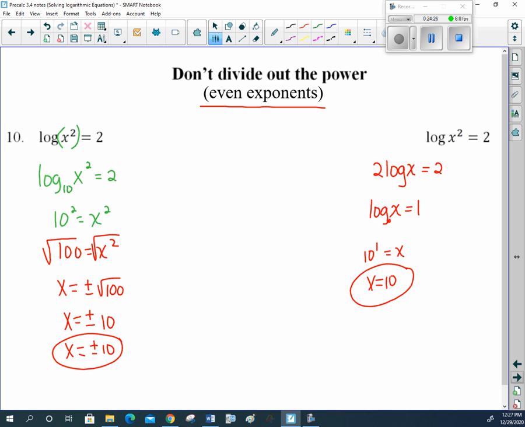I'm talking about when I brought this power out to the front, and then I divided it over here. If this number right here is an even number, that may or may not give you all the answers you need. If it's odd, it's okay to divide it out, but even, you got to be careful. So you got to be careful with those even exponents when you're solving, when you're dividing.